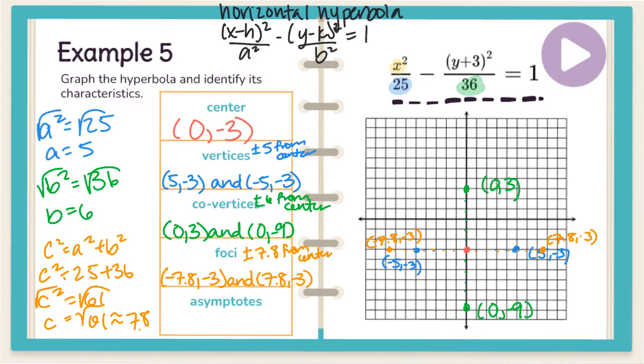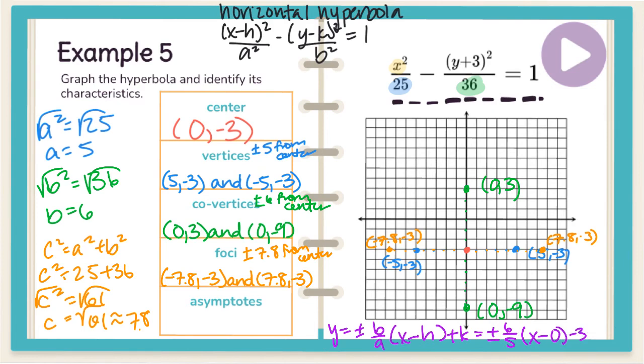And now we find the asymptotes. For the asymptotes, we need to use the horizontal asymptote formula, which is y equals plus minus b over a times x minus h, plus k. b is 6, a is 5, h is 0, and k is -3.